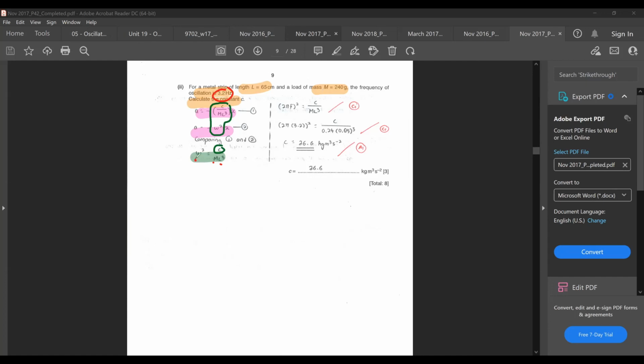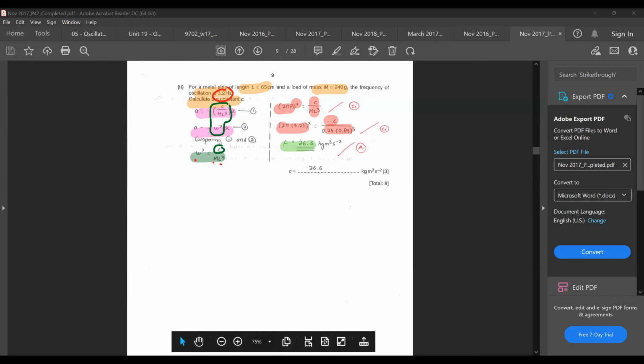So omega, you express it as 2 pi f, squared equals C over ML cubed. So sub in your values. Your final value of C would be 26.6 kg meter cube per second square. Right? Pretty straightforward. Okay, so this one is done.